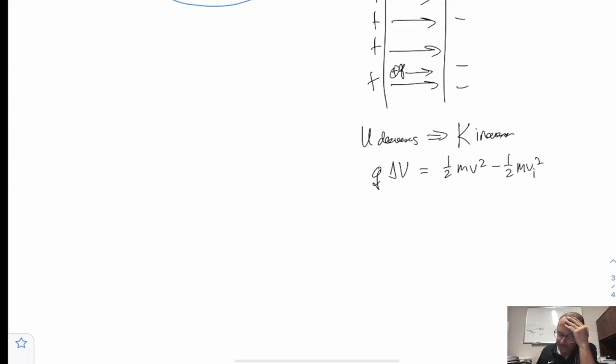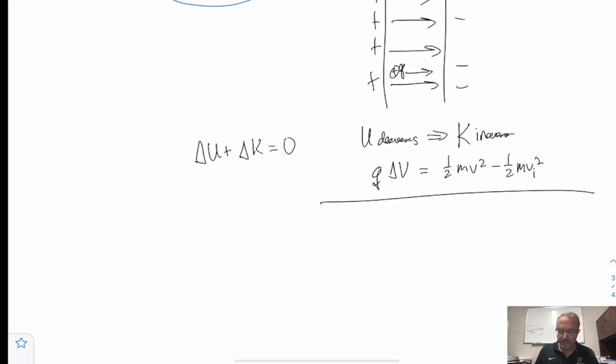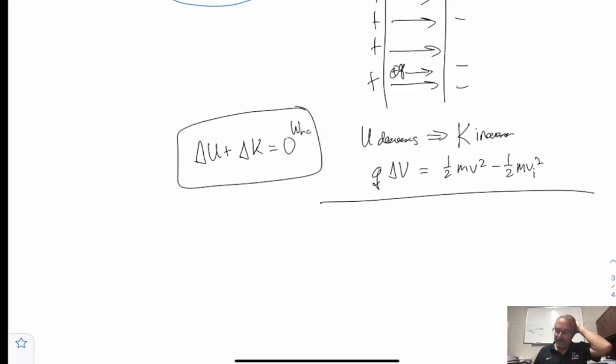Conservation of energy: change in potential energy, delta U, plus delta K has to equal 0, or equals the work done by non-conservative forces, right? And so this is a nice little way sometimes to calculate the velocity of a charge once it comes out of an electric field. And those are things you can do with that.